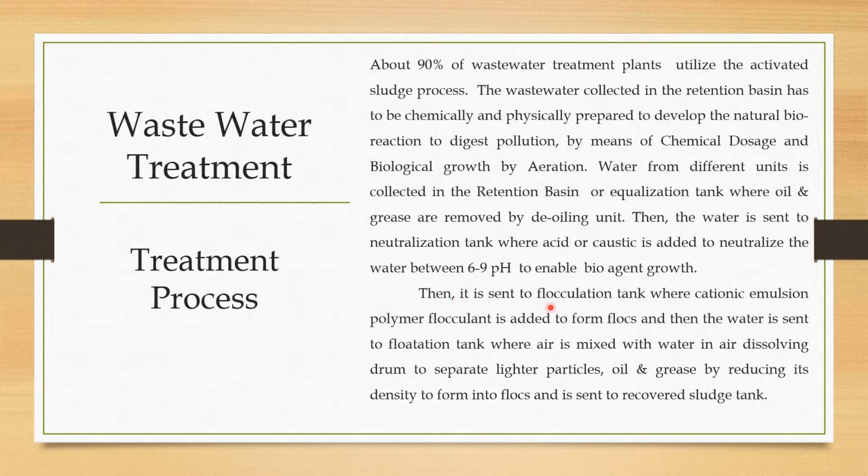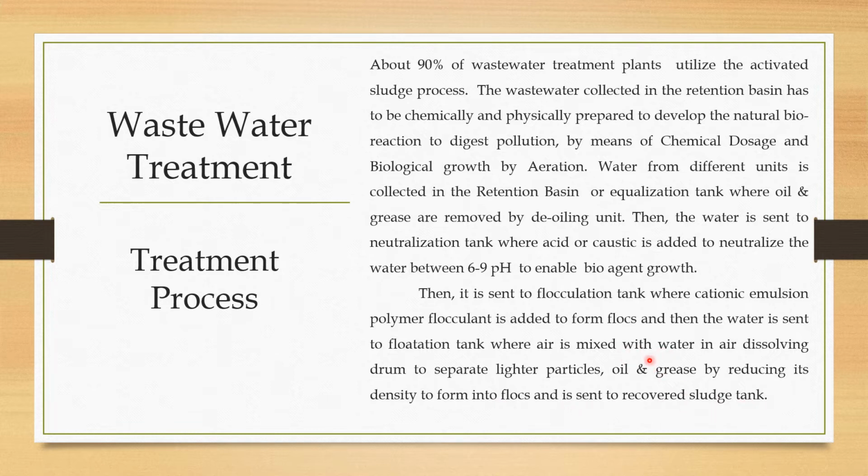Then the water is sent to the flocculation tank where cationic emulsion polymer flocculant is added to form flocs, and then the water is sent to the flotation tank where air is mixed at around 5 bar with water in an air dissolving drum to separate the lighter particles, oil and grease, by reducing their density to form flocs, and is sent to the recovered sludge tank.